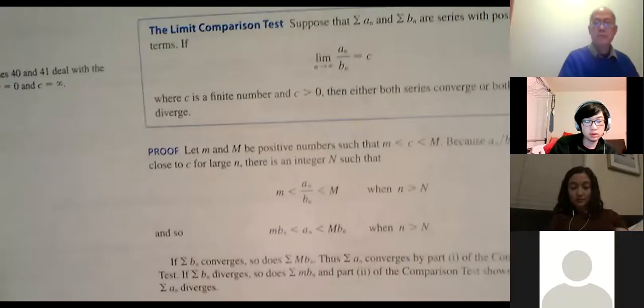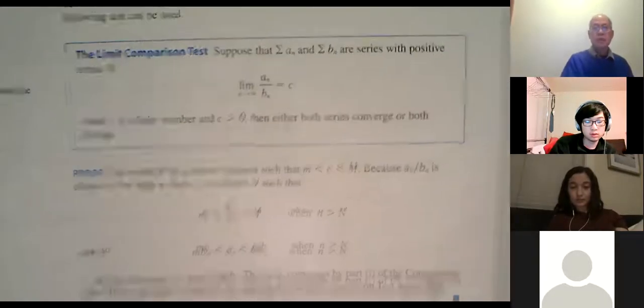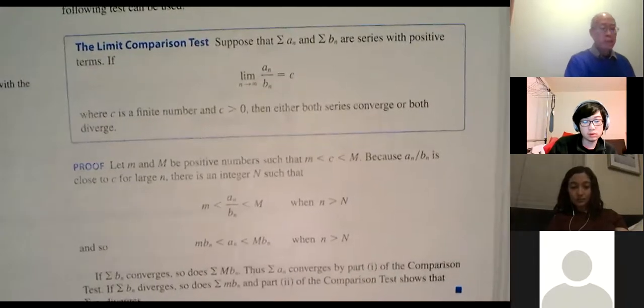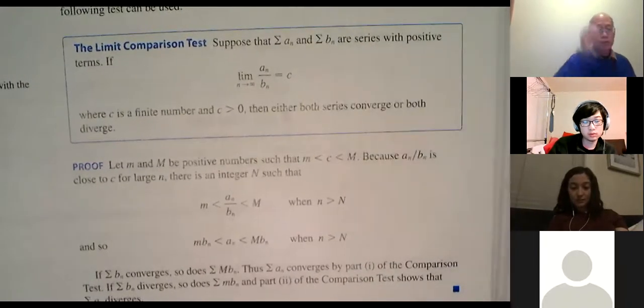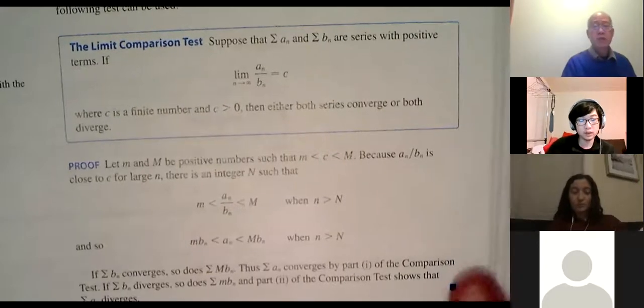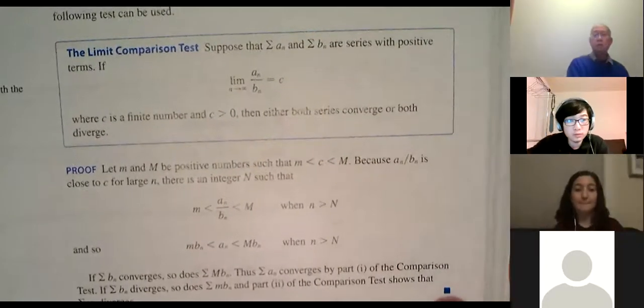So I'll show you the limit comparison test now in the text. Okay, page 729. Suppose summation of A sub n and summation B sub n are series with positive terms. Okay, so the key thing here is we have to have positive terms.